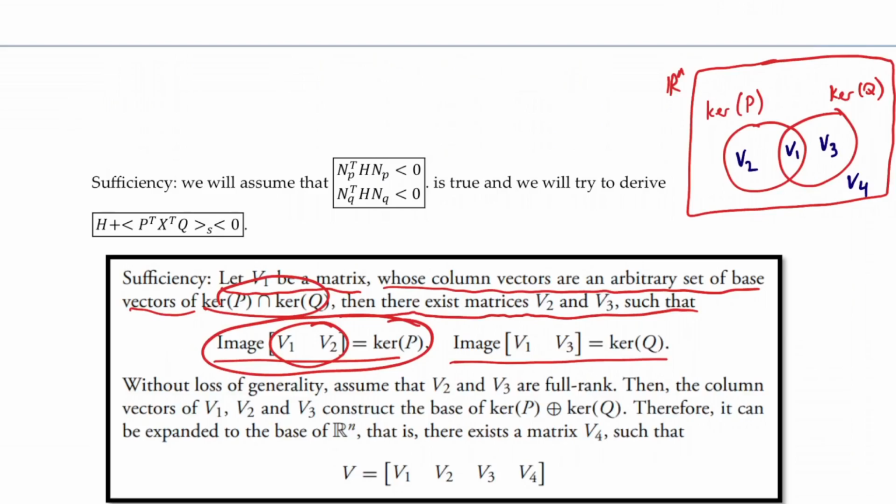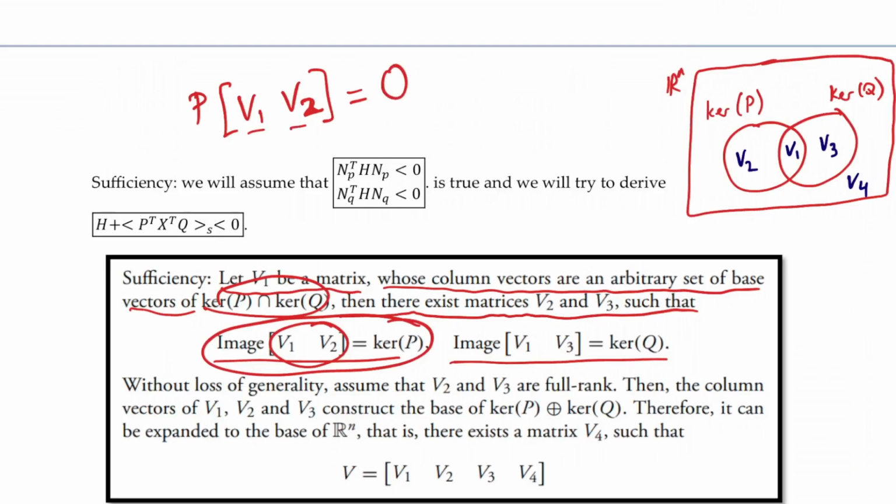So what does it mean? It means the following: P times V1 and V2. Let's consider V1 and V2 as a larger matrix, partitioned as V1 and V2. This equals the zero matrix, right?